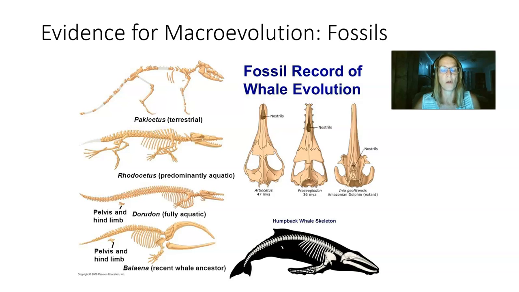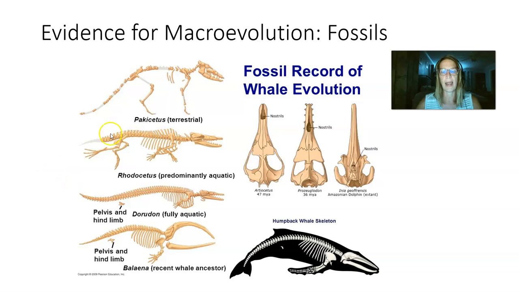Typically, the fossils from organisms that lived a really long time ago would be found in the deepest layers of rocks, and species that existed more recently would be found in layers of rocks that are closer to the surface. So the deeper rocks have the oldest organisms, and as you move to the surface, you're finding more and more recent species. The fossil record is used a lot in putting together what we think is the evolutionary history of different species.